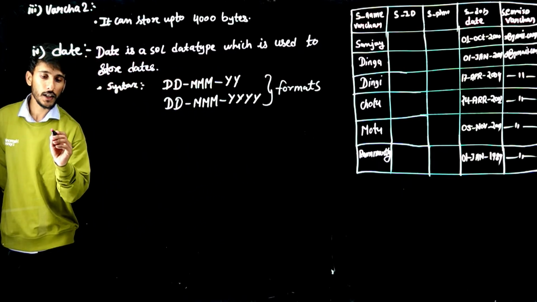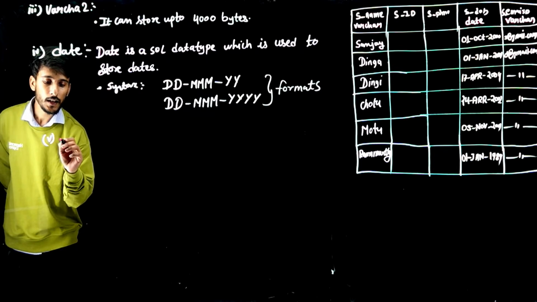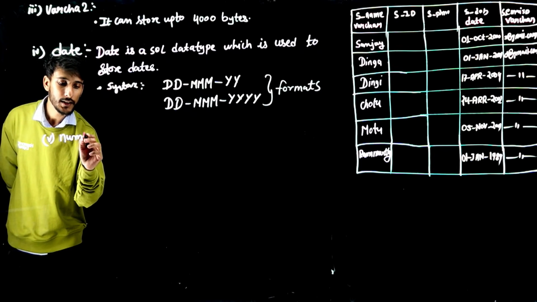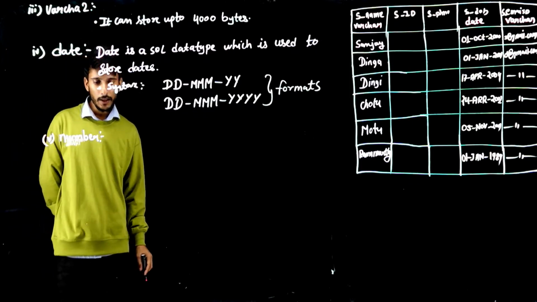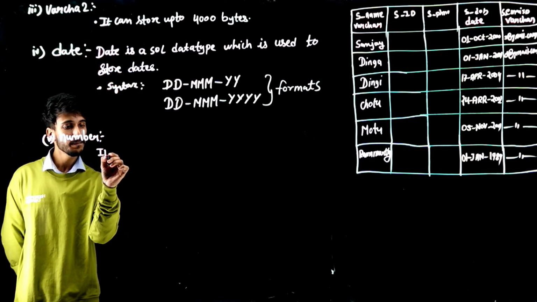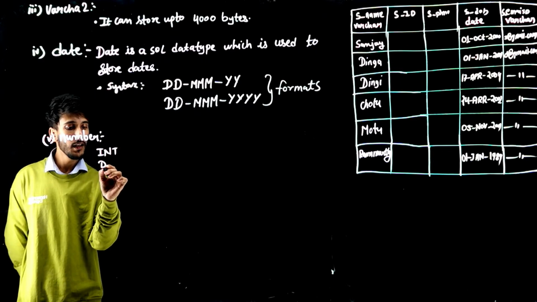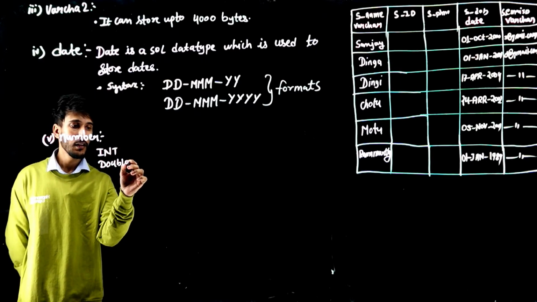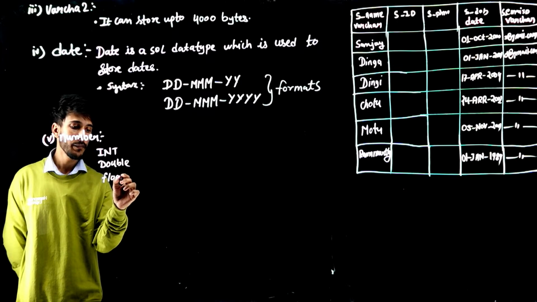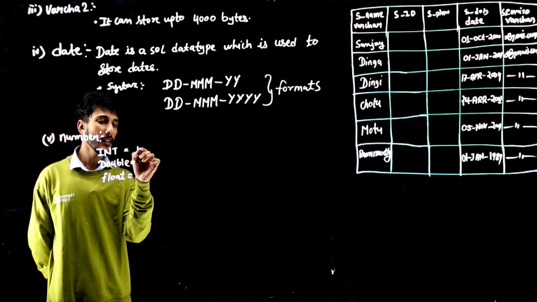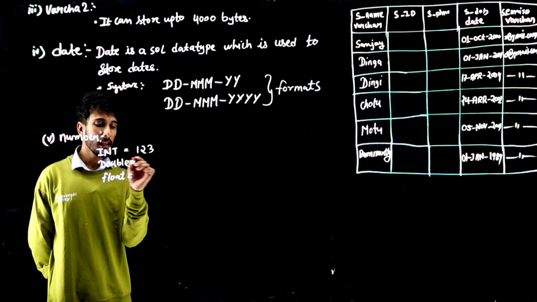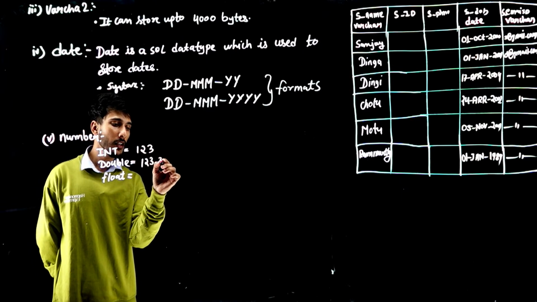Now we will be moving to the next data type, that is the number data type. Number can be a type of int, double, float, any type. In this, integer values will come, like 1 2 3. Double values will come like 1 2 3 3.2.